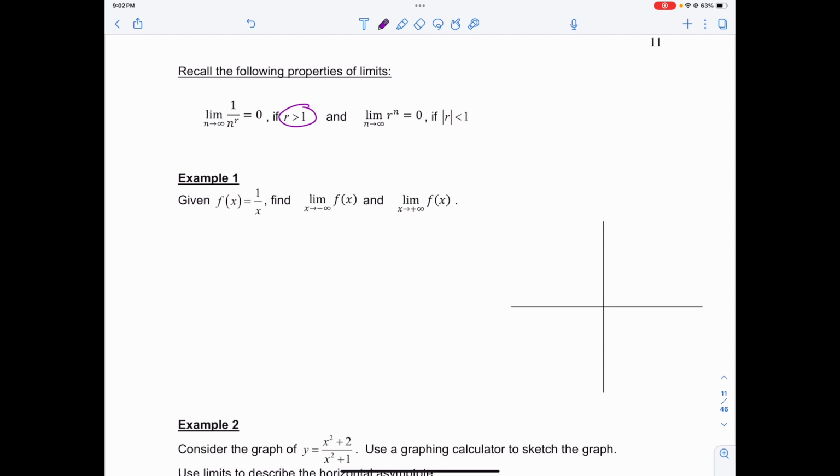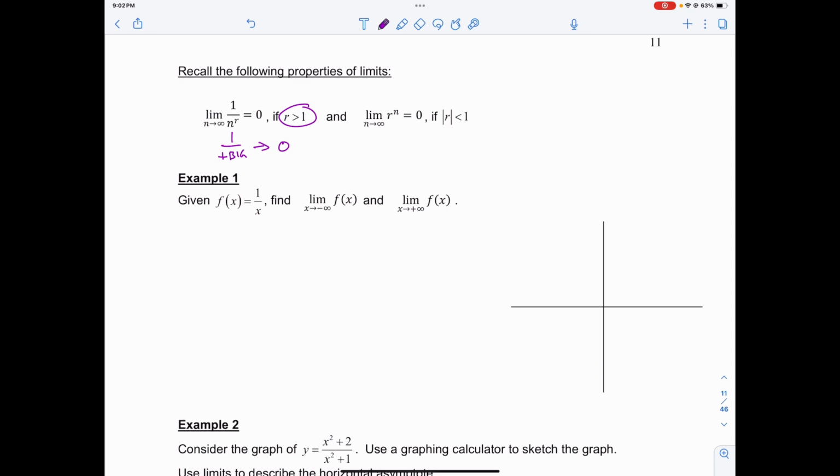Remember that we thought of this as 1 over infinity to the power of r, which is going to be 1 over a very big positive number. And as my denominator gets bigger and bigger, this is going to approach the value of 0, because we know that we can't actually substitute the value of infinity in.